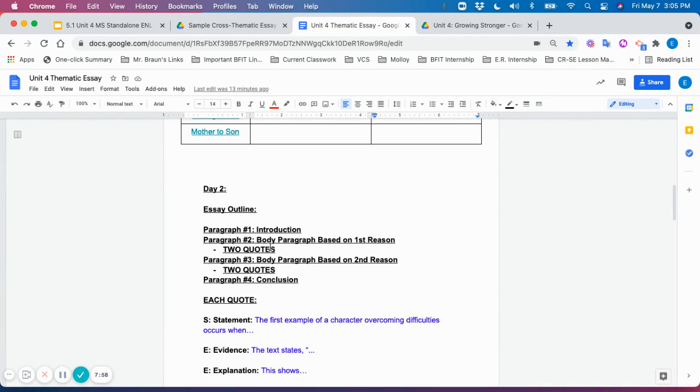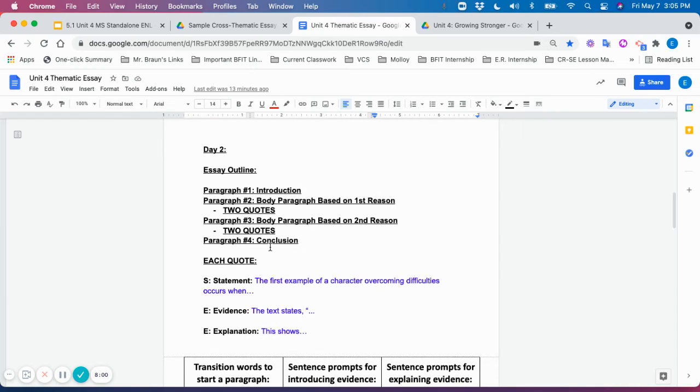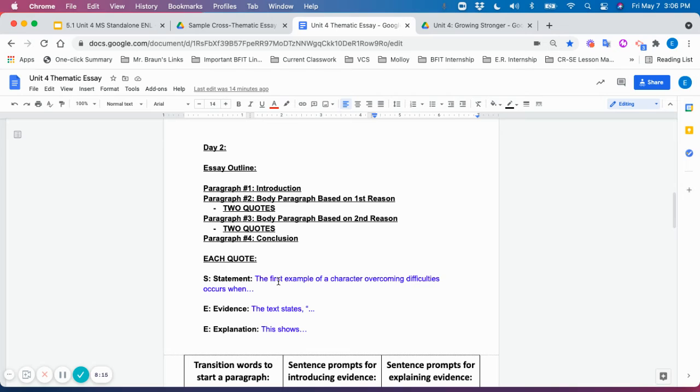It's good to also provide students with some type of writing strategy, such as this one called a CSEE response: statement, evidence, explanation. So using a strategy like this is going to be very beneficial to students, so they'll know to introduce their quote, make either a statement or a restatement based on the question, introduce the quote with a statement.